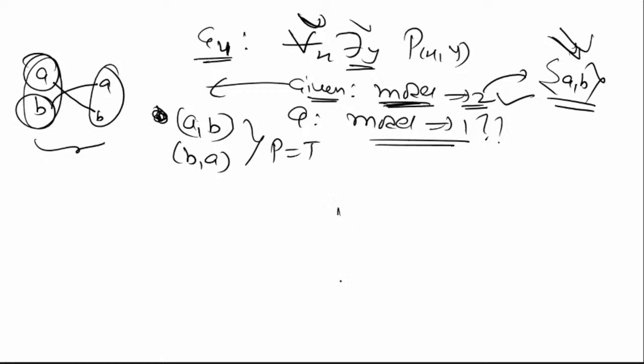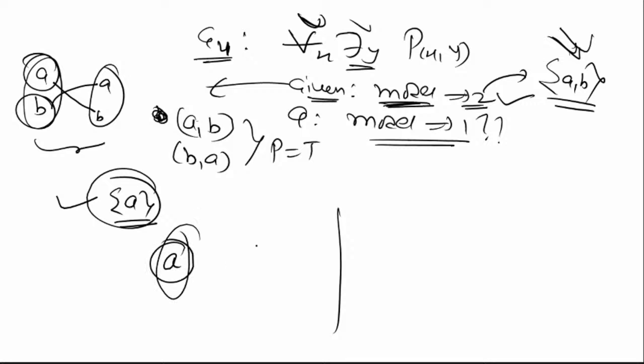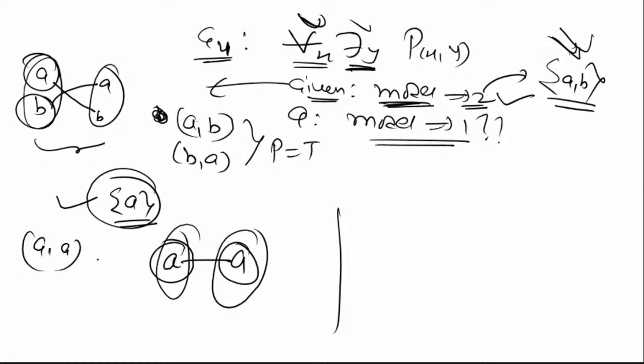So consider this. First, let's consider this domain of size 1. Can you guarantee that this is a model? Yes or no? Because we have a single element, you have to take a from here. Now he's saying for all x, there exists y, means for this a comma a, can you guarantee that p will be true?